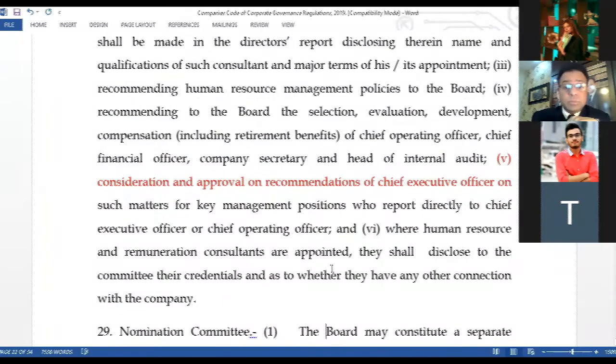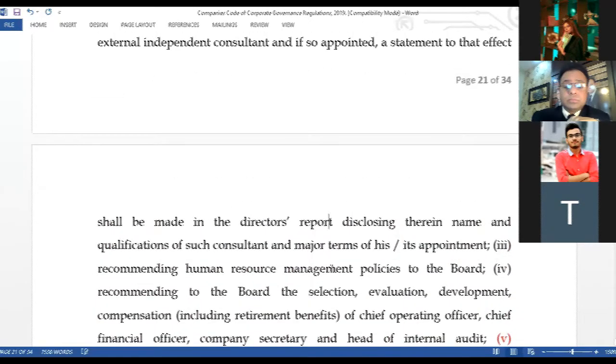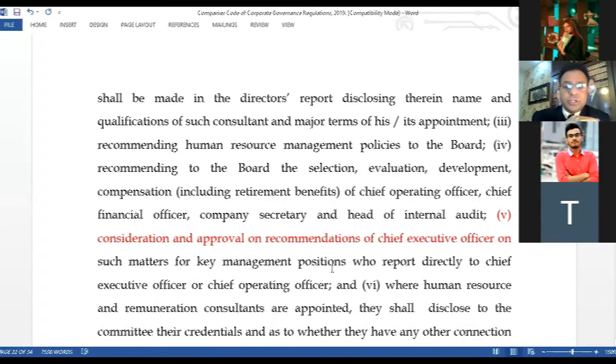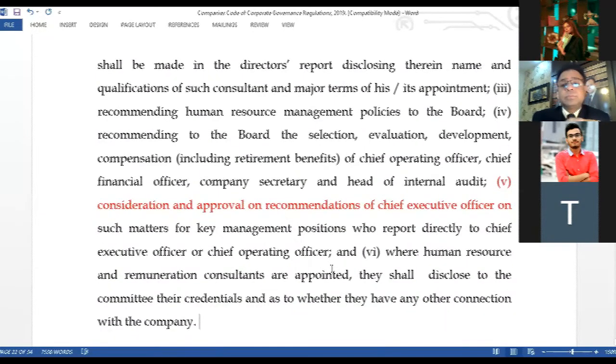Number 6, where remuneration consultants are appointed, they shall disclose to the committee their credentials and as to whether they have any other connection with the company.